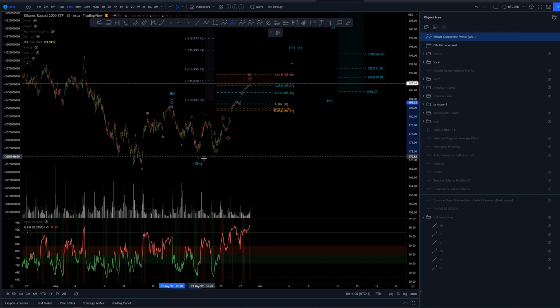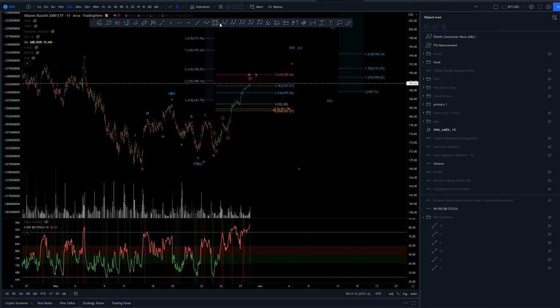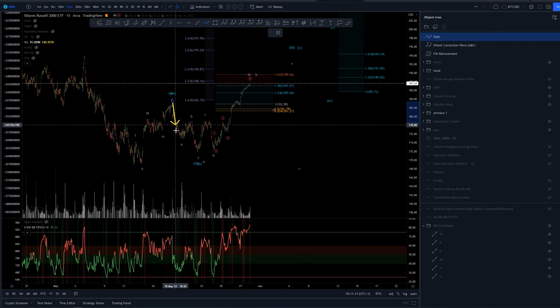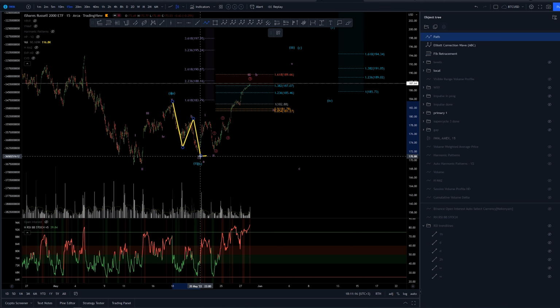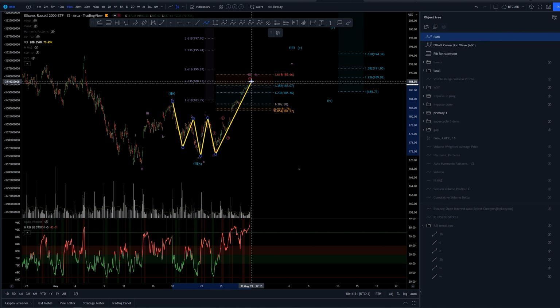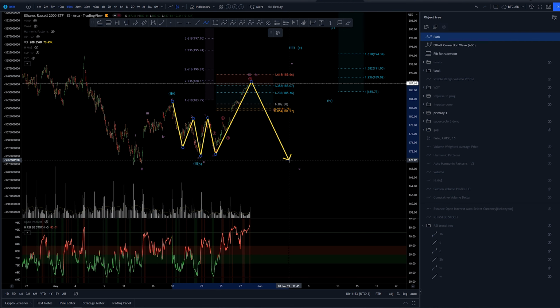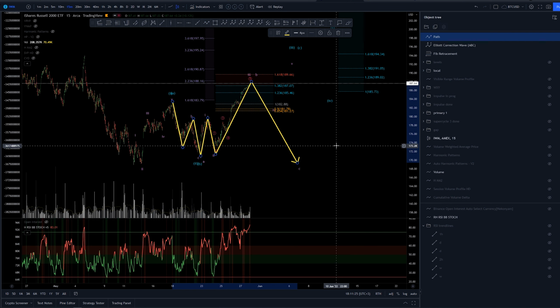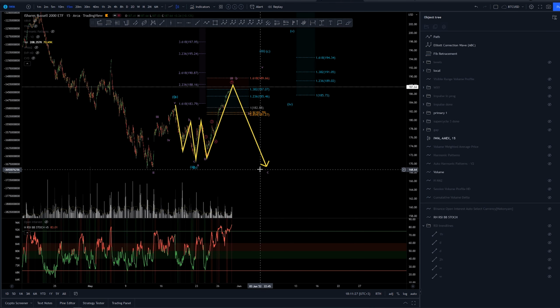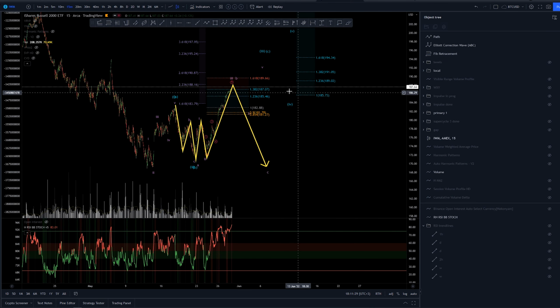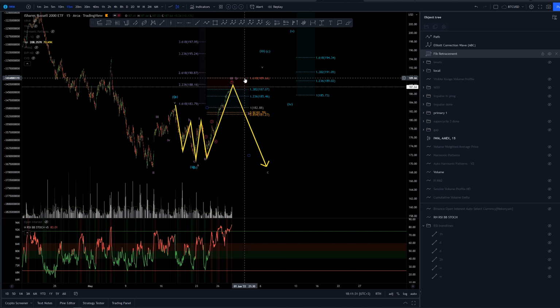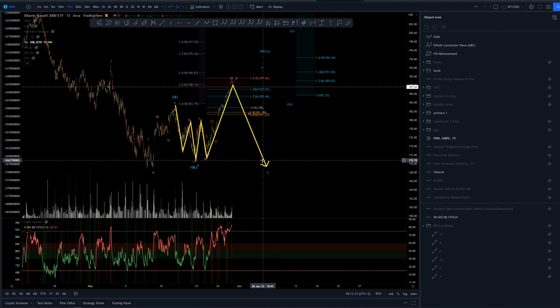We could be looking at this structure as an A, this would be B and C. So with this I mean 3 waves down here to A, this would be A, B and C into the B wave, and now we would be looking for 5 waves down to C. That is definitely possible. If we break this 1.618 around $196, then this is no longer a possibility.